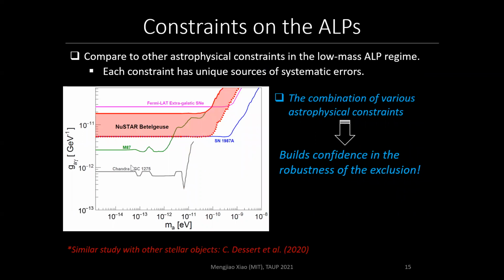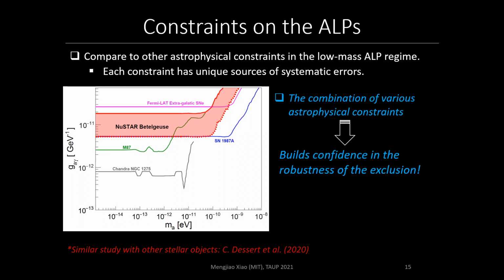This plot compares our results to other astrophysical constraints in the low mass region. Our most conservative limit exceeds the bounds from extragalactic supernovae, and the most stringent limit is comparable to that derived from the long observation of gamma rays from supernova 1987A.